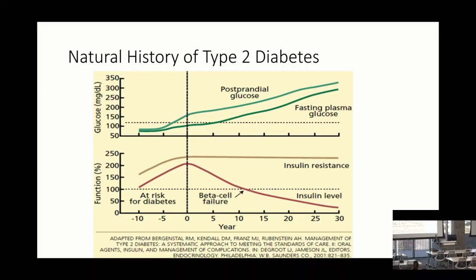So even though you're making more, you're matching the resistance, at some point the resistance will persist, and you're not able to match the resistance anymore, and the cells will fail, then the glucose starts to rise. Okay? So there's a relative insulin deficiency, even though you're matching it, ultimately it's going to lead to a relative deficiency.